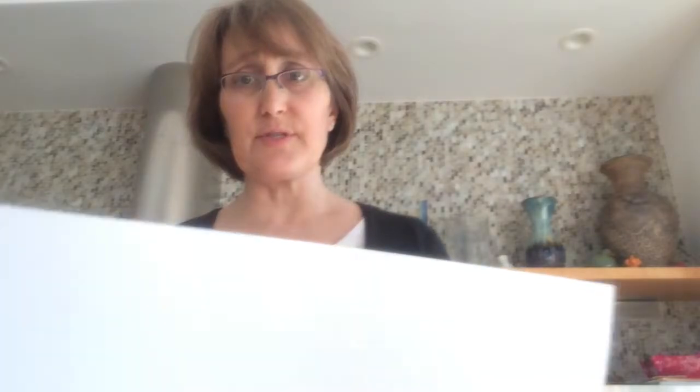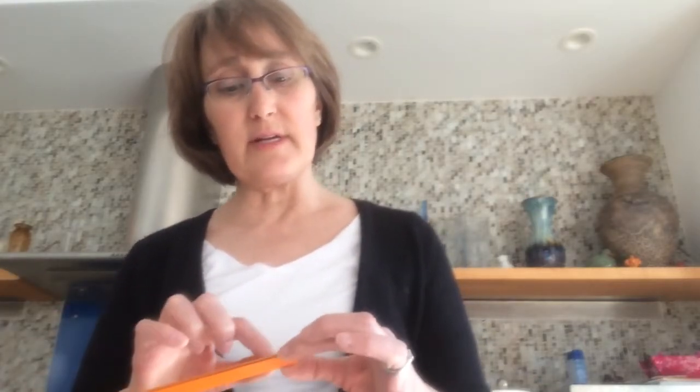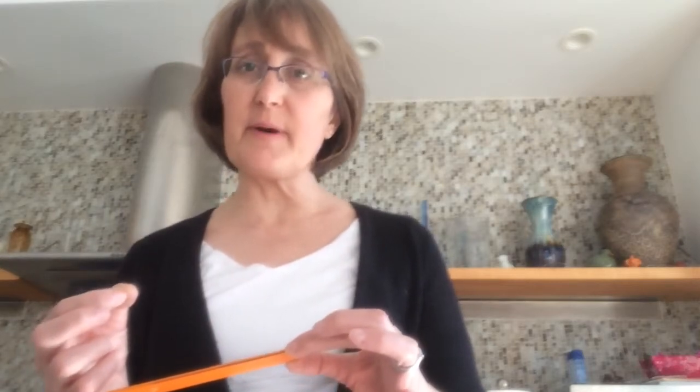Now, if you are using just regular paper, you are going to determine what scale you're going to use. So if I was going to use a 1/2 inch equals 1, I would say that 3 is the first number of pi.